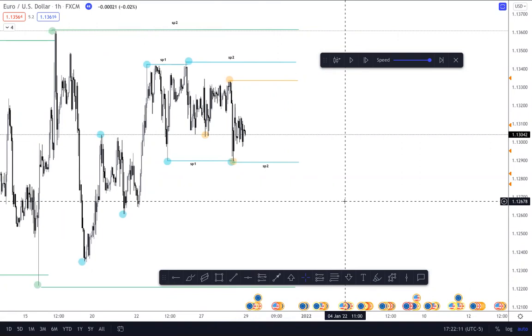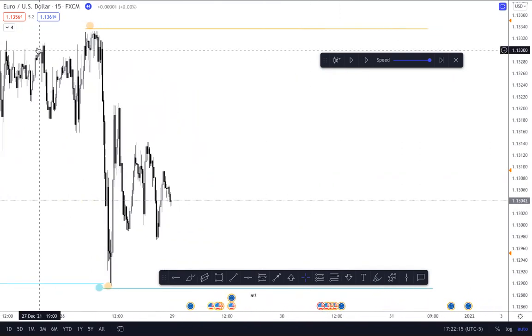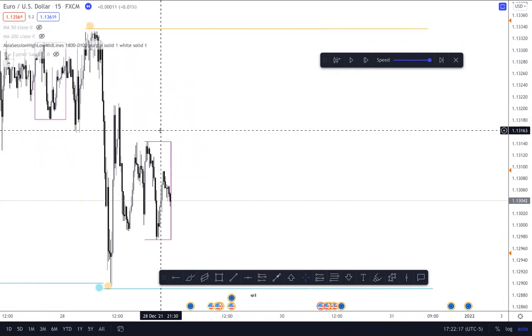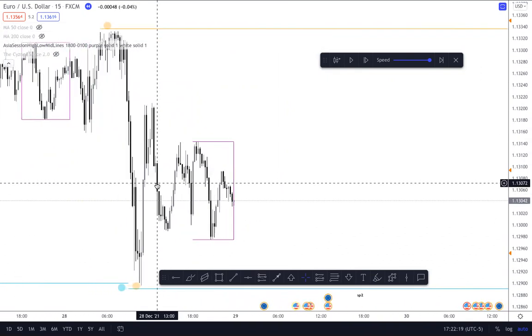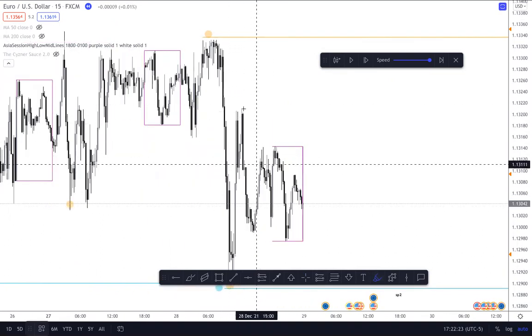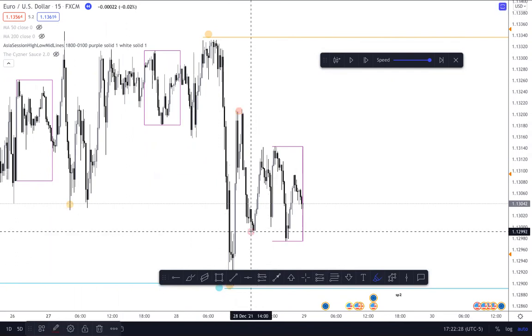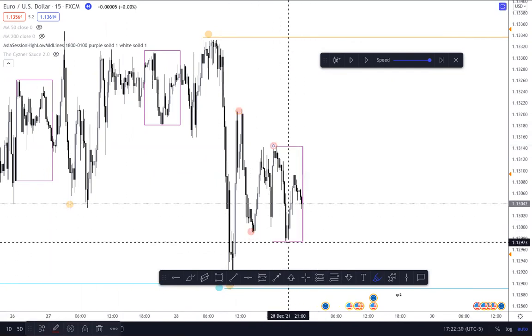Now we can clearly go into the 15-minute. We can clearly see that the 15-minute starts somewhere relatively here. I'll make my 15-minute red, and we can clearly see we're moving in the downtrend.